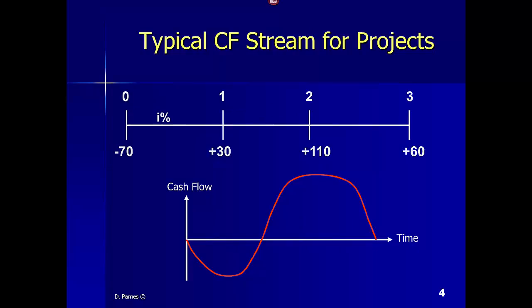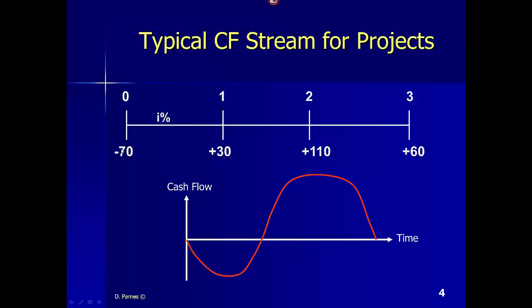What is a typical cash flow stream of projects? In many projects that we will learn later on how to finance, you're going to see that first you need to invest and then you're going to receive some cash flows. In this example, first of all, at time 0, at present time, you need to invest $70 or $70,000 or $70 million.